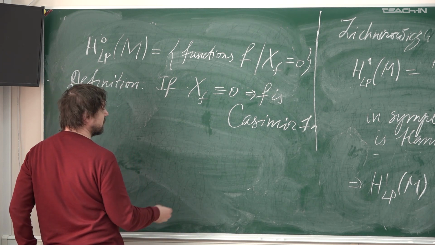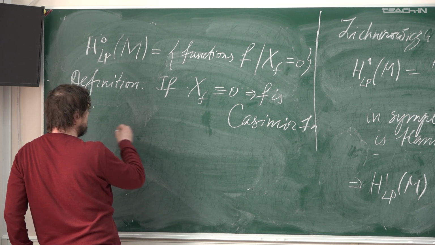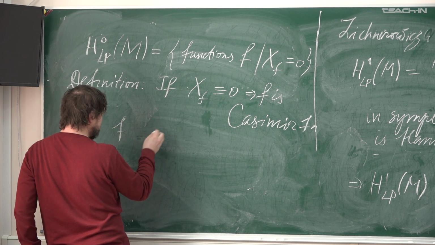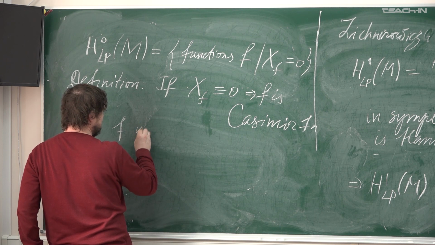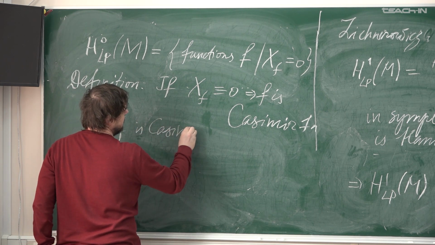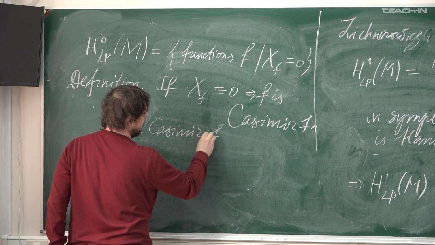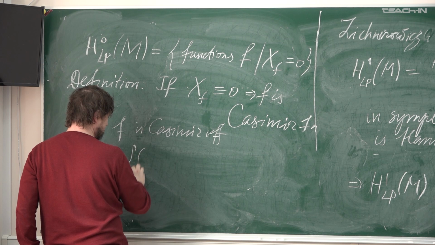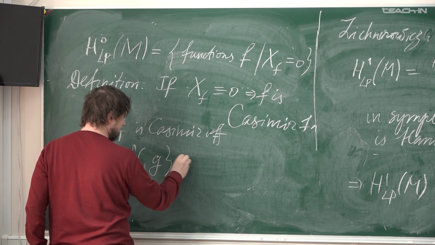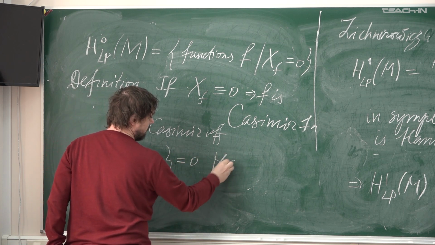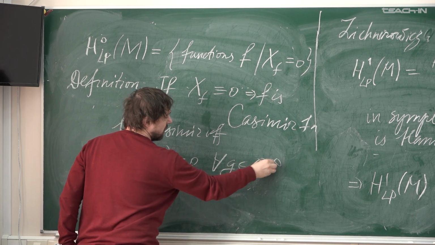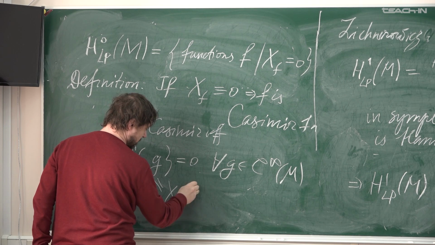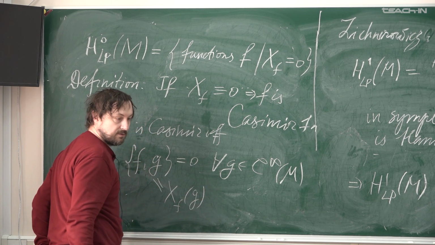Casimir function or Poisson central function. Poisson central comes from the following easy observation. f is Casimir if and only if the Poisson bracket of f with g is equal to 0 for all g, because this is just equal to X_f of g by definition.